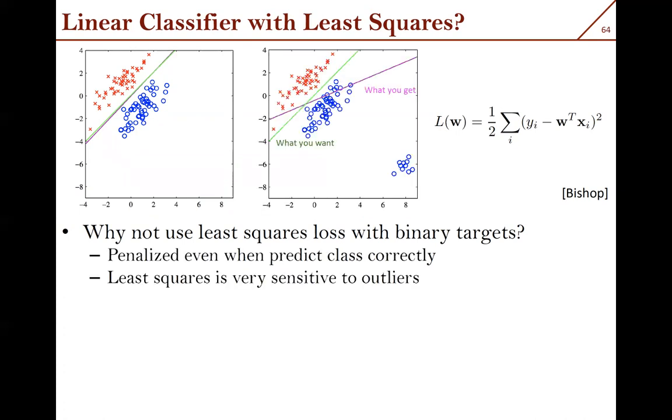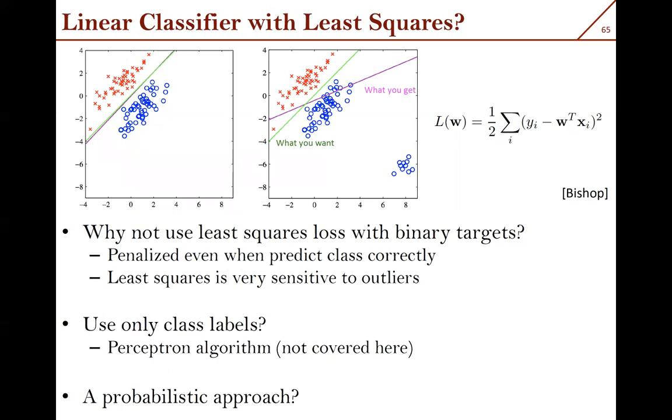Here you see a linear classifier with the least square method. You have the blue circles versus the red crosses, and you want to optimally discriminate them. The best method will obviously give what the blue line shows you, but it is not like you will get 100%.